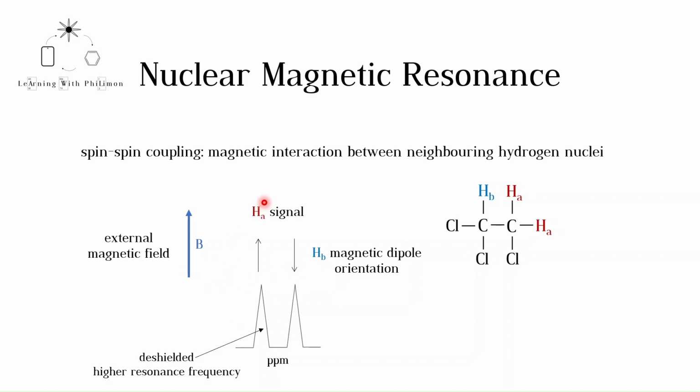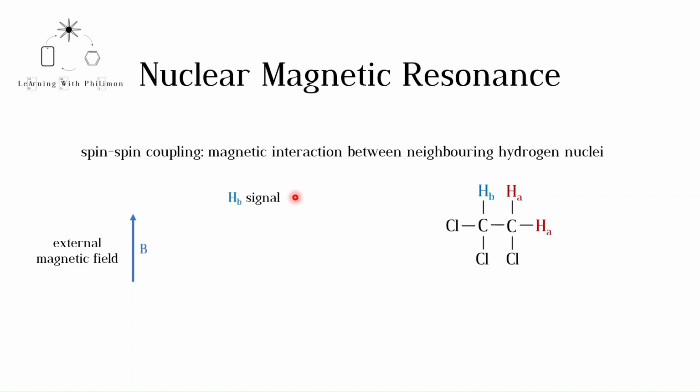This decreases the gap between hydrogen A's two possible orientations. It is shielded and requires a lower resonance frequency. So instead of seeing one peak for hydrogen A nuclei, the peak splits into two sub-peaks. This peak is called a doublet. Note that the difference in frequencies is very small.